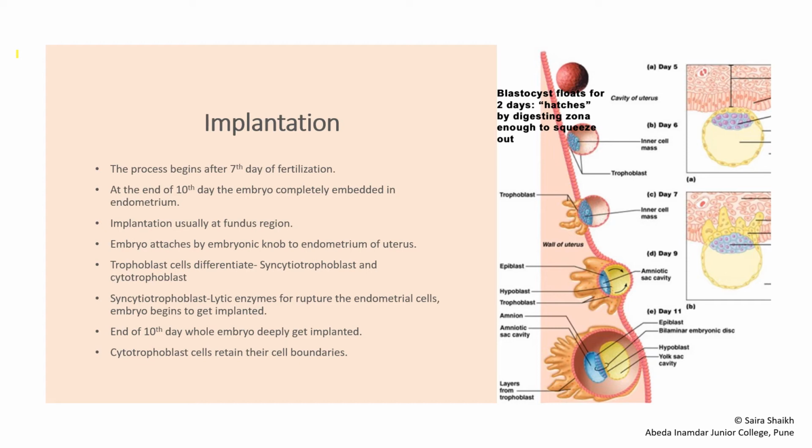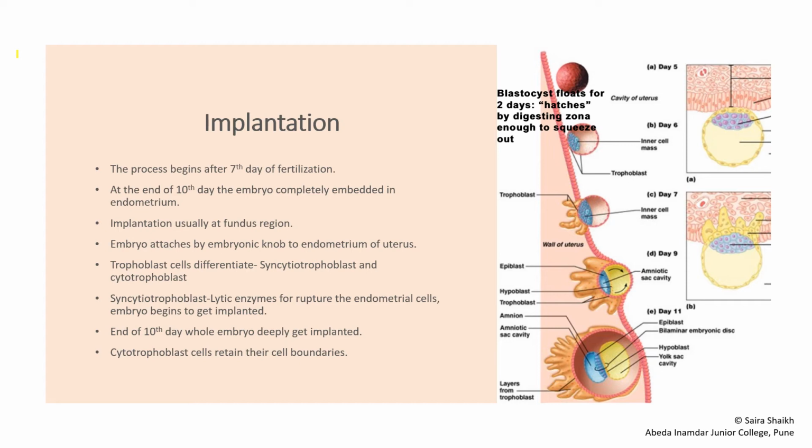Syncytiotrophoblast cells are present in front of the inner mass cells. Their cell boundaries dissolve, and only the outer cell boundary is present, so the structure appears as finger-like projections.